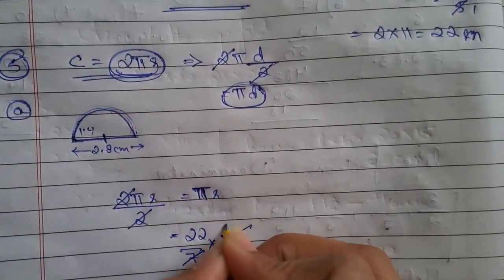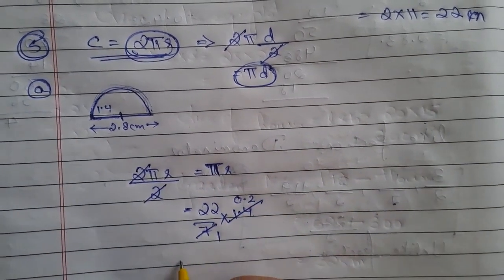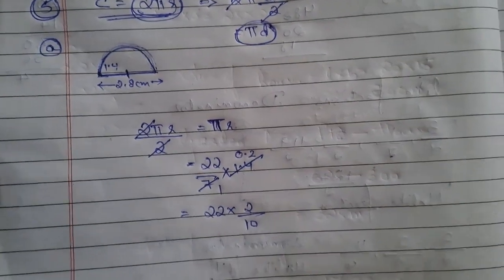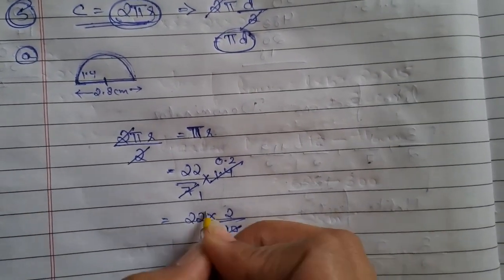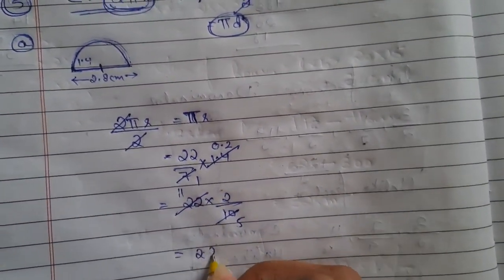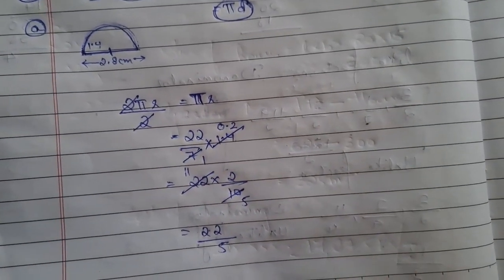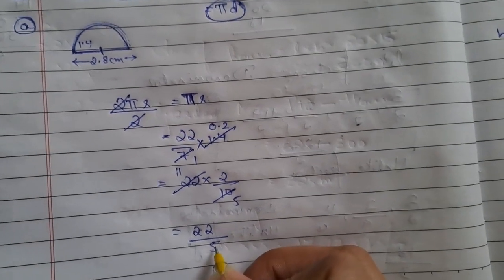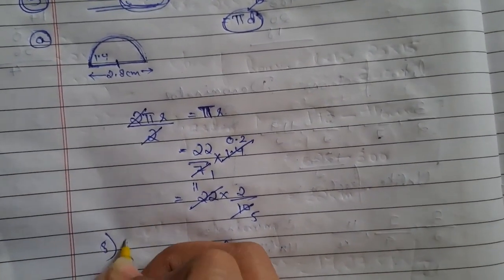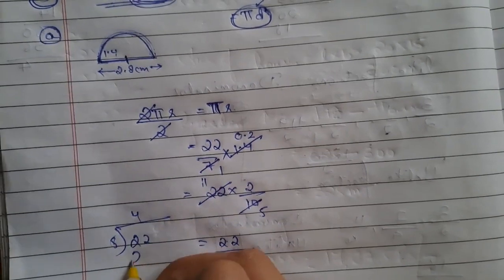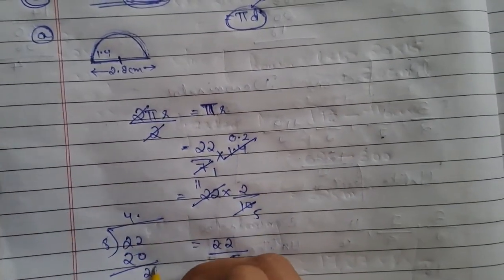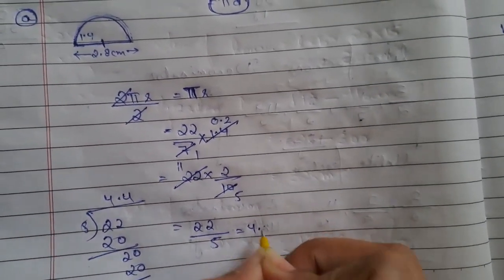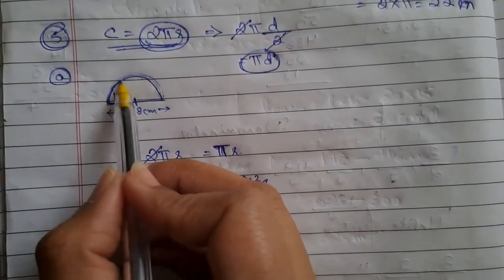7 1 times, 7 0.2 times. Okay, so 22 into 2 by 10. We had to remove the decimal. Okay, 5 times and 11 times, it becomes 22 by 5. 22 by 5 it becomes, and then what we are going to do is divide it with the 5 table. So 5 divides 22, 5 4s are 20, 2 putting a decimal, taking a 0, 5 4s are 20, so that's going to be 4.4. 4.4 is only for the outer one.